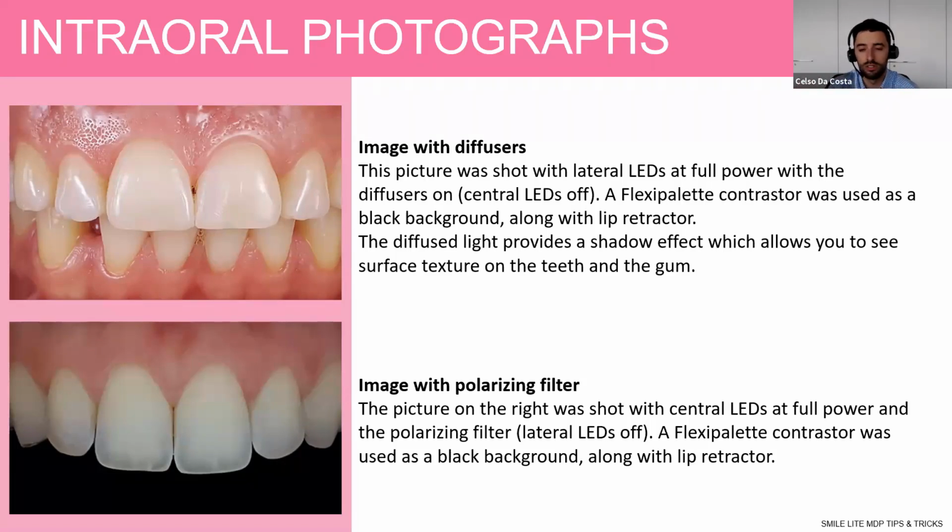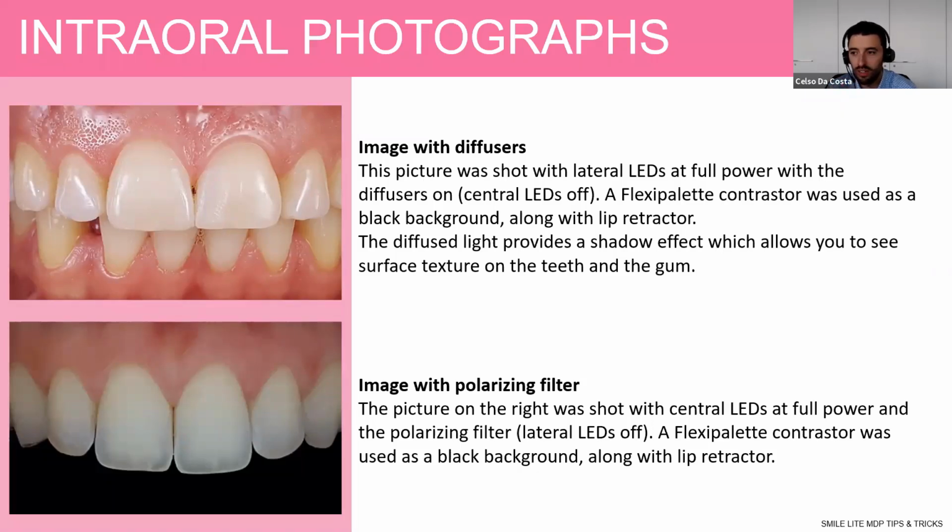So it's a less intensive light, but more homogeneous, more uniform. So you can really see the health of this gum and the brightness of the tooth with the good color. You're not cheating, and you are not putting more light on the central incisors.